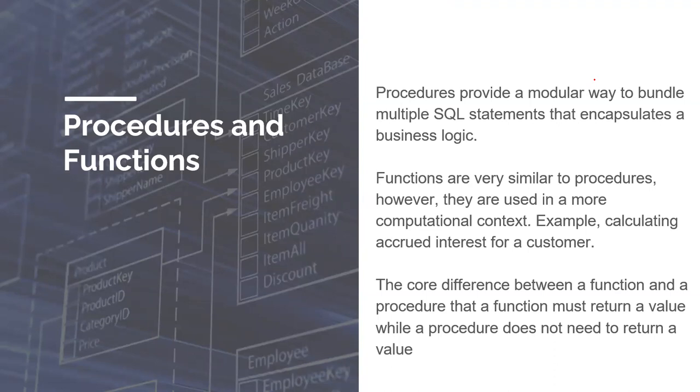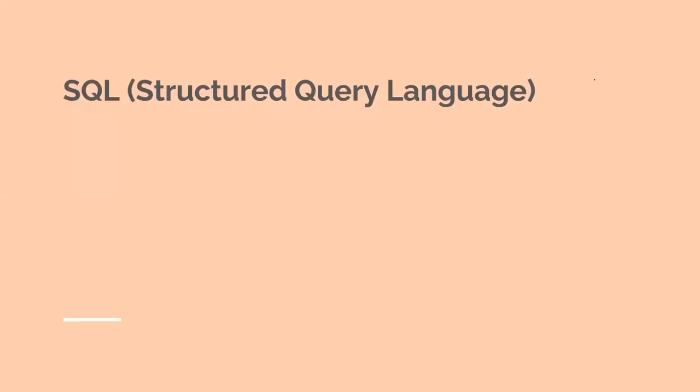So that is what a procedure logically means. While a function does some computational stuff. Maybe, for example, you want to get the percentage of an employee's salary for every month. So you just define the function in the database, and the function calculates this and returns the value to the user.